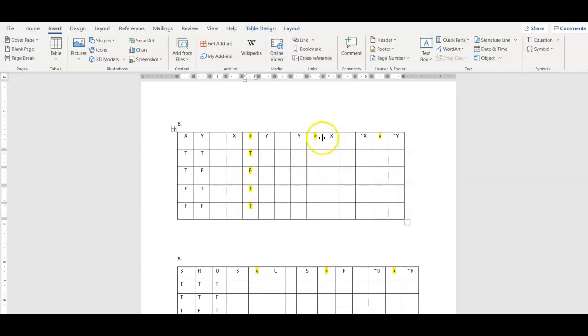Now here, the second sentence is reversed, right? So we could fill these in if it makes it easier, because otherwise it can get confusing. So Y is TF, X is TF.